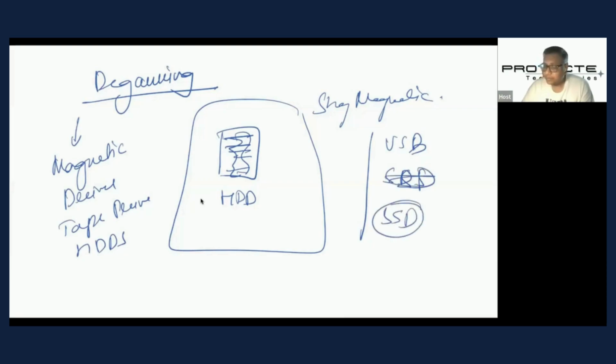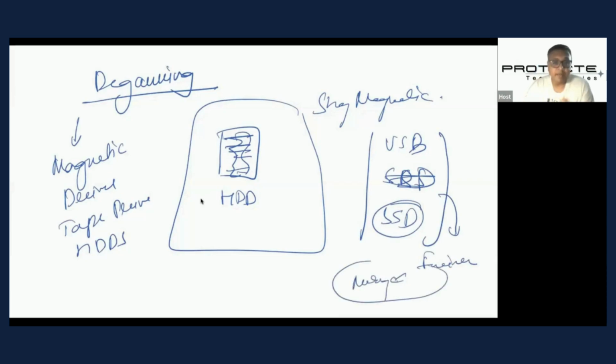The only way you can get rid of data remnants from SSDs is by putting them in an incinerator and melting them. That is the only final way of destroying data. Now, this is as far as data erasure was concerned.